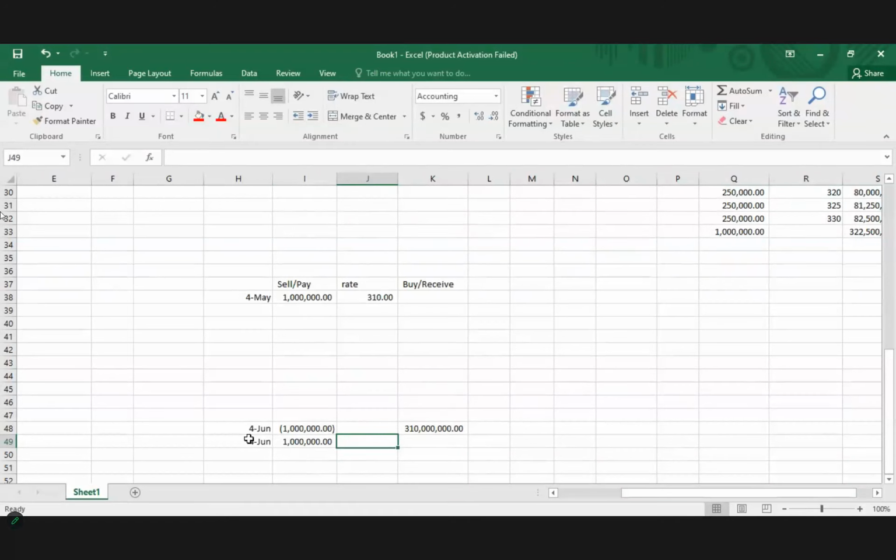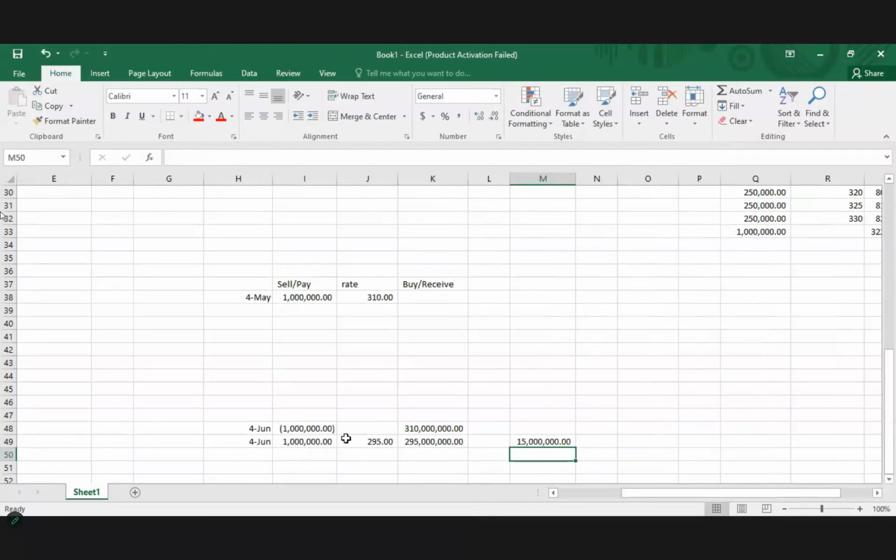And let's say I bought it at 295. So I spent only this much. I sold it at 310. So I would have ended up in this transaction with a profit of what? 15 million.